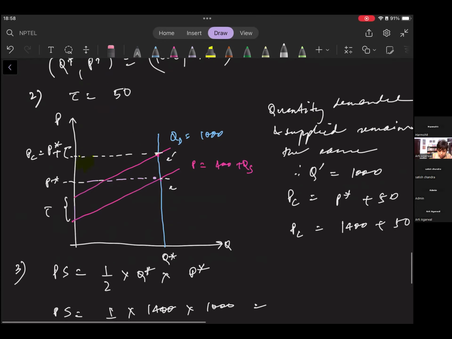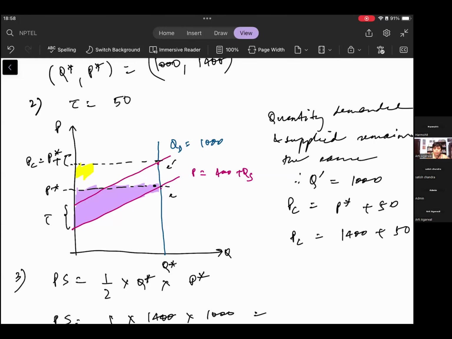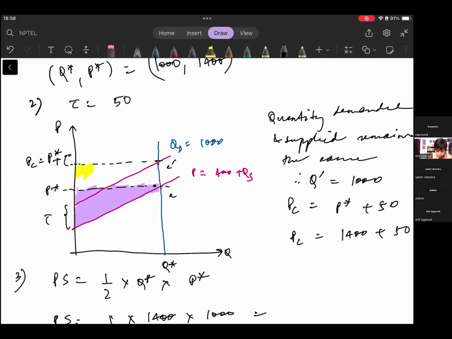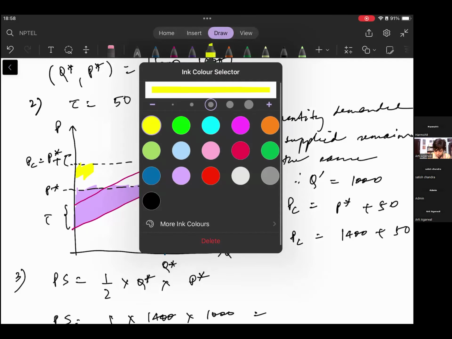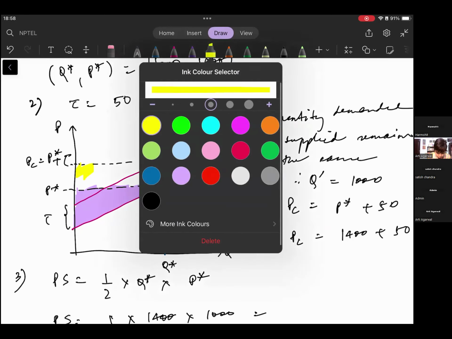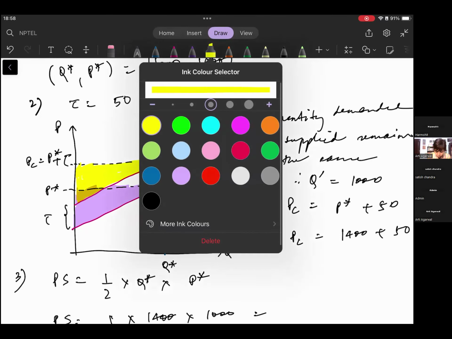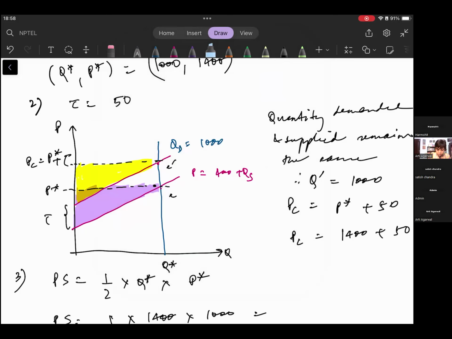The consumer surplus is the area between the demand curve and the price line. I've explained all of this in a lot of detail in one of the classes. I erased this by mistake.